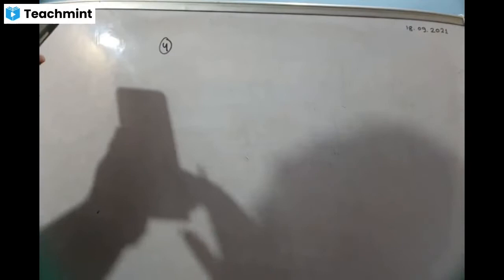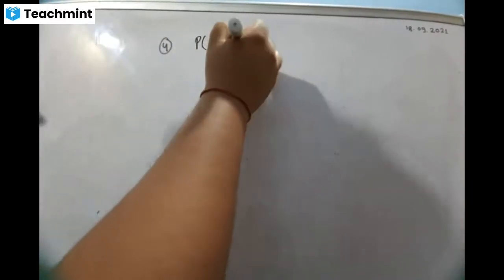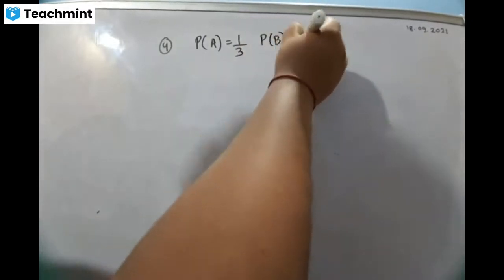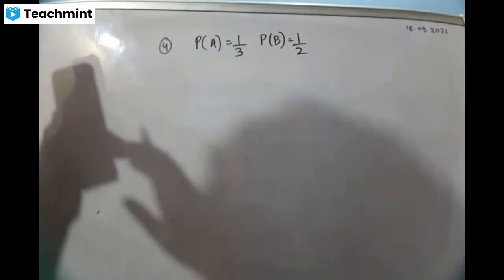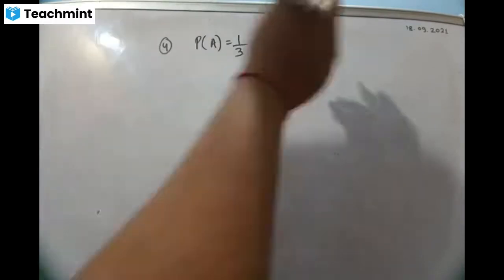Okay, question number 4. Everyone ready? So this is the last question that I'm going to do. Okay, A and B are two events associated with the random experiment such that probability of A is equal to 1 by 3, probability of B is equal to 1 by 2, and probability not A and not B. What does that mean?